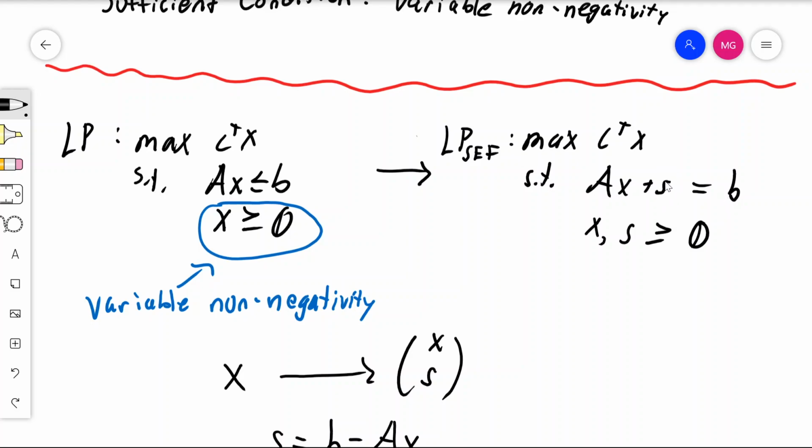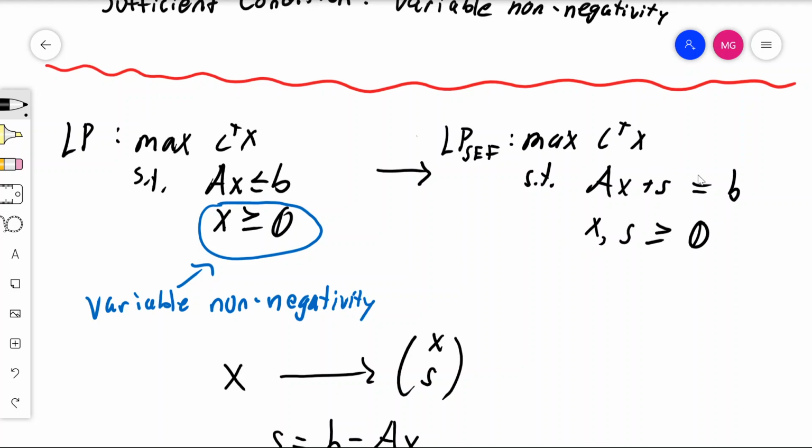So s is a vector of slack variables, and I have one for each constraint, so that for each constraint we had something that had an upper bound of a b component, and now by adding a slack variable, we attain that upper bound of the b component. Since we're attaining an upper bound, we were adding something non-negative. So the x's are the same from before, and the s's are the slack variables. They're more variables that we're introducing, and they're also non-negative because we're adding something non-negative to attain an upper bound.